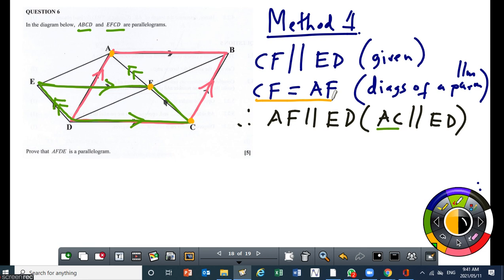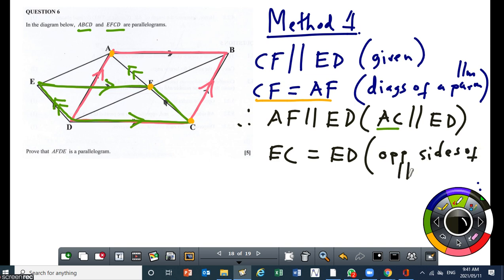So I now need to prove that ED is equal to AF. So I'll say EC is equal to ED. And the reason is opposite sides of the parallelogram.